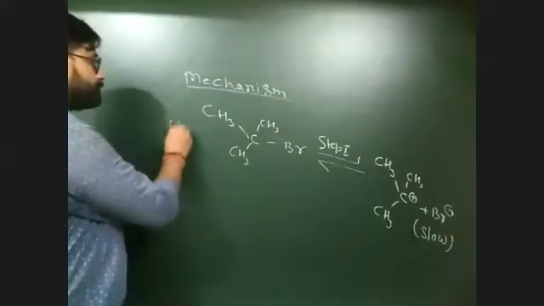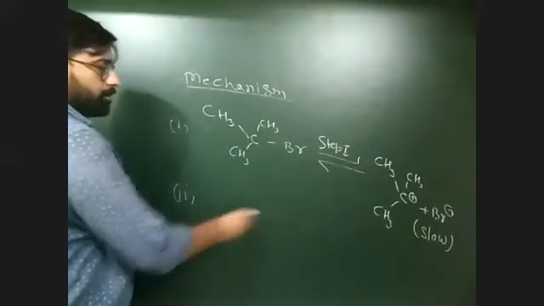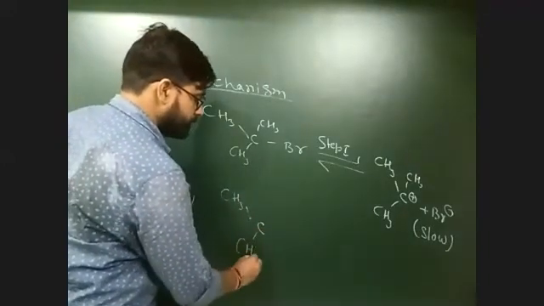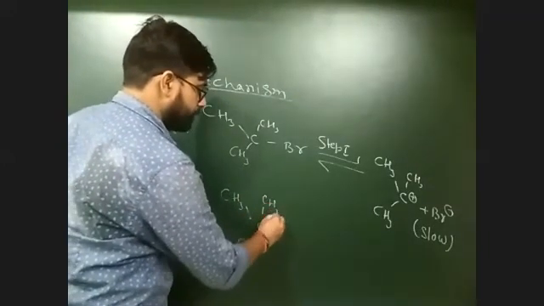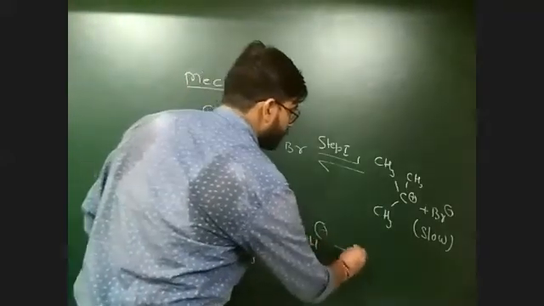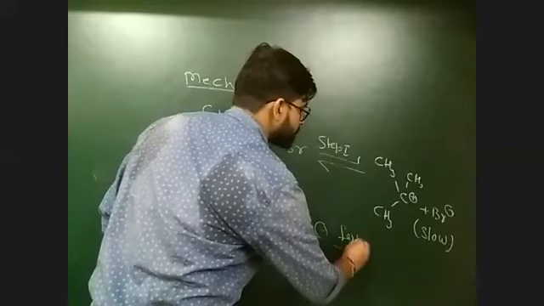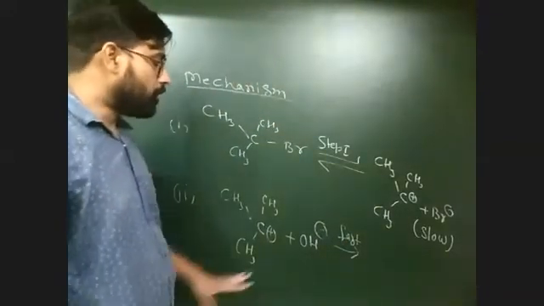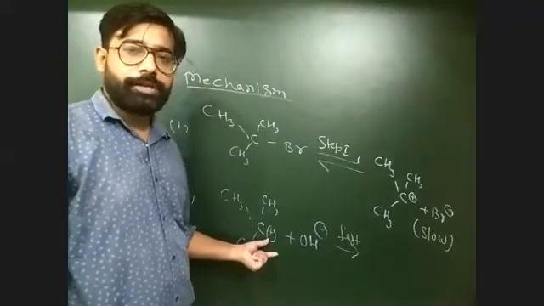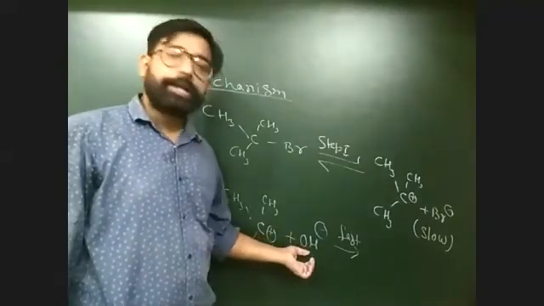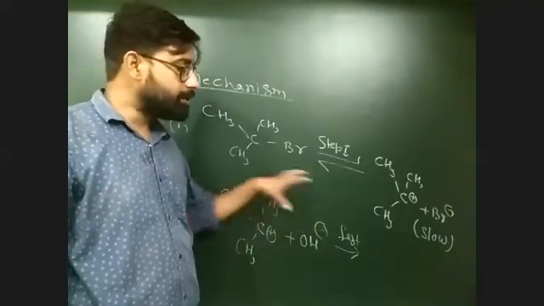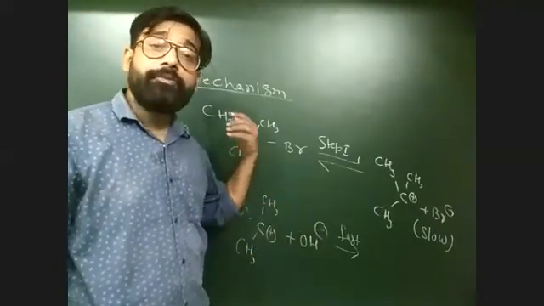Second step: (CH3)3C plus reacts with OH minus. Because here is the stable carbocation with complete positive charge, and this one is the attacking nucleophile, the attraction is more, and this happens very fast.